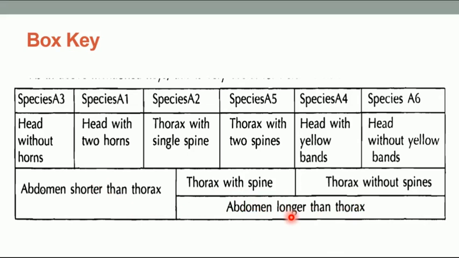Suppose the second character matches here, that the thorax is without spines, and then I will have to see the third character. Suppose the third character is head without yellow bands. So here I can find out that the species I am trying to identify is species A6, or whatever the name of that species may be, will be mentioned here in this box.